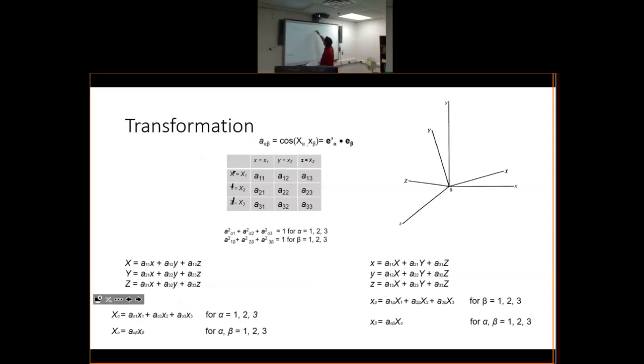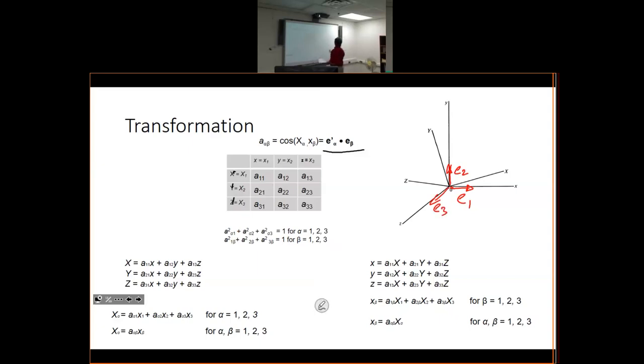So the prime is capital, and the original was small letters. So AIB is the cosine between direction capital and small, or in other words, it is basically the dot product between prime coordinates and unprime coordinates. So let's show it here. These are the unprime coordinates, so it would be the unit vectors E1, E2 and E3.